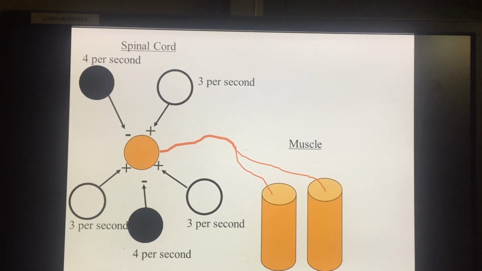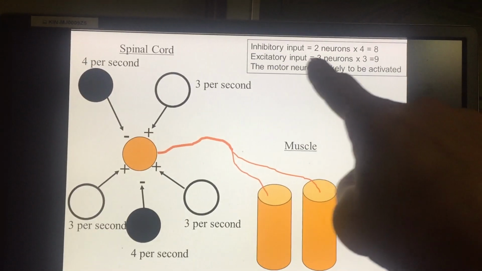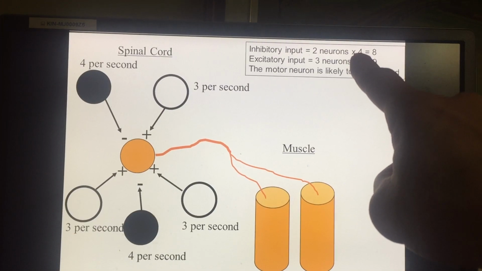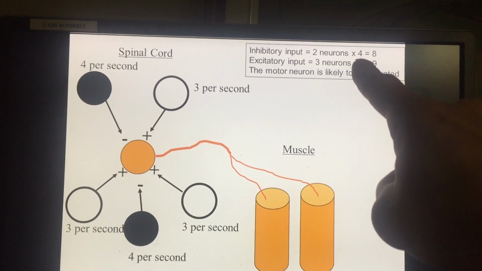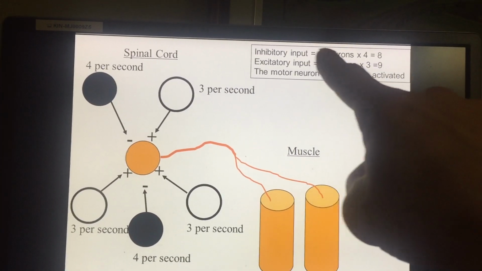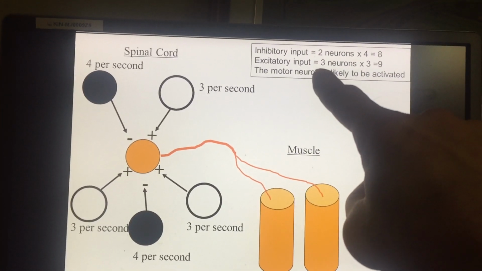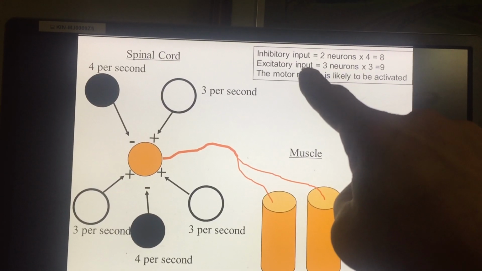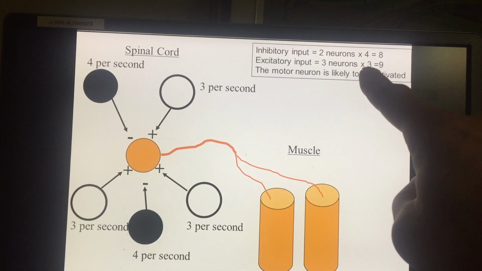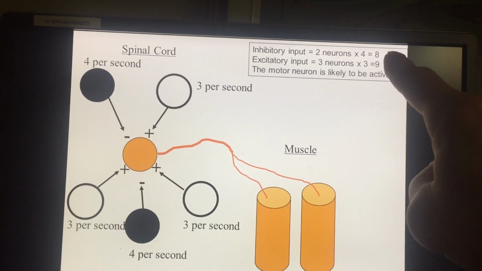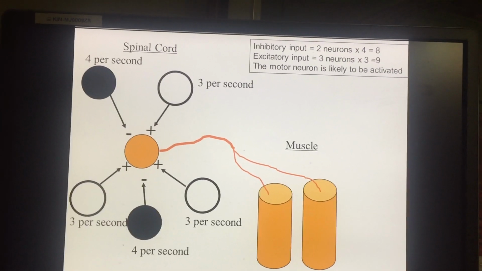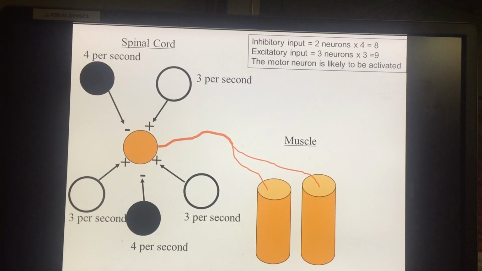If you add all that up, you get 2 neurons delivering a frequency of 4 action potentials per second that's inhibitory, and then you get excitatory input from 3 neurons delivering at 3 per second. So you get 8 inhibitory inputs per second and 9 excitatory inputs per second. So in this case, the motor neuron is likely to be activated.